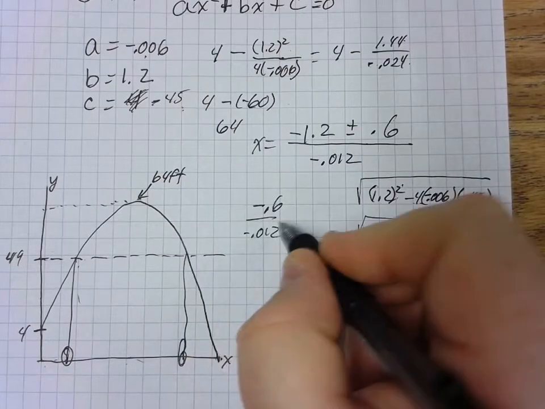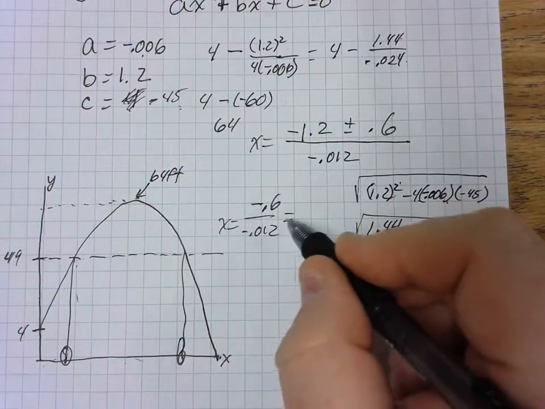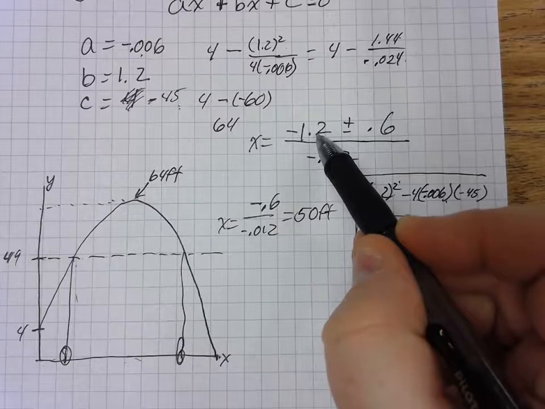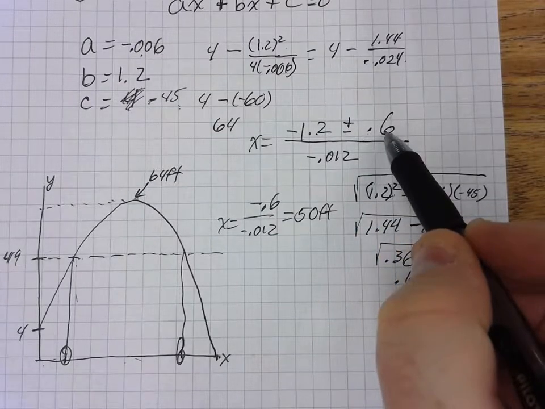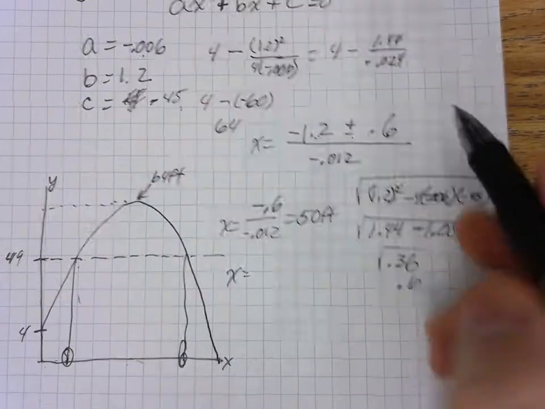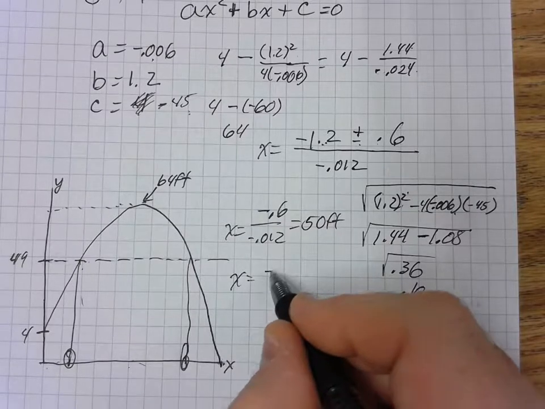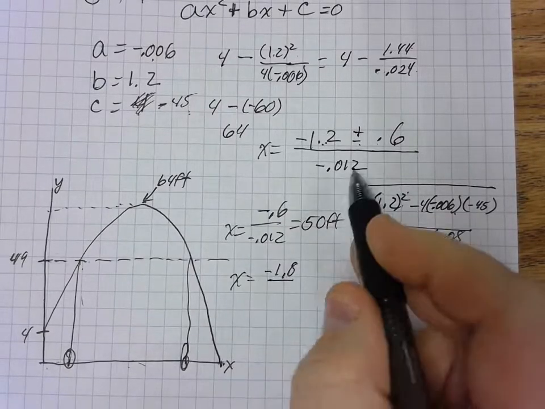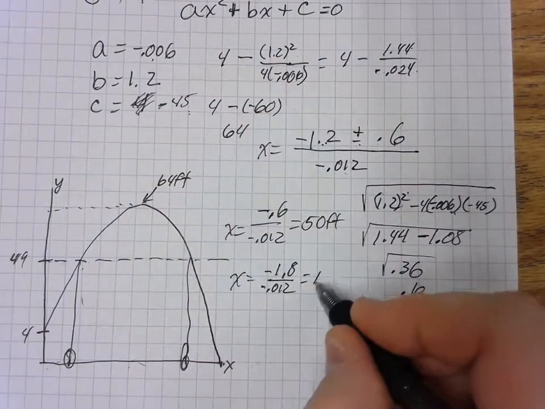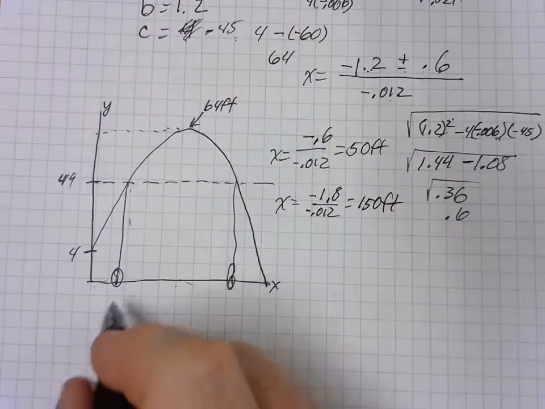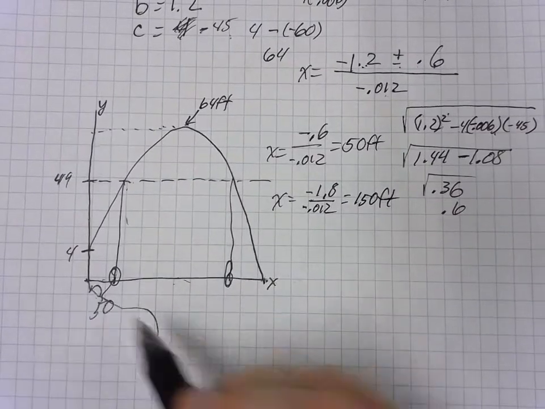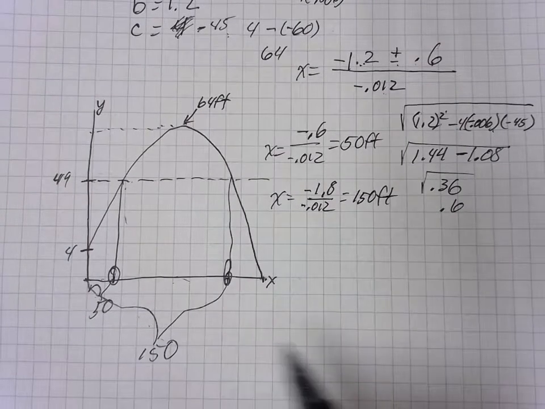When we divide this out, it gives us 50 feet. Now we do it again, negative 1.2 minus 0.6, which gives us negative 1.8, still divided by negative 0.012. When we divide that out, we get 150 feet. So this distance right here would be 50 feet, and the distance right here would be 150 feet.